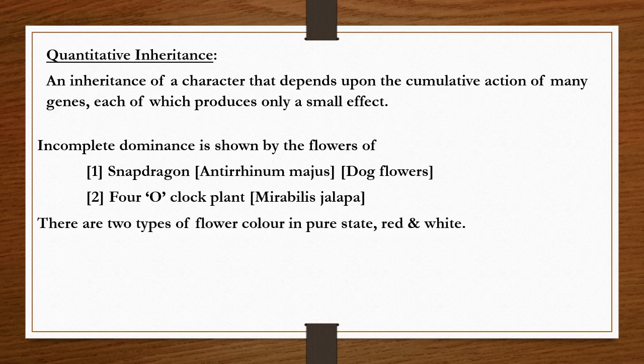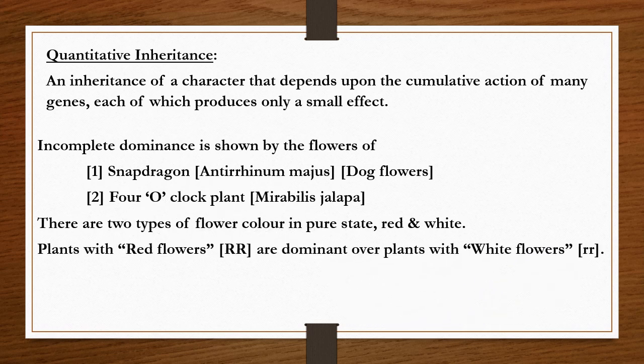There are two types of flower color in the pure state, that is red and white. The plants with red flowers, capital R, are dominant over plants with white flowers, small r. Red is dominant and white is recessive.